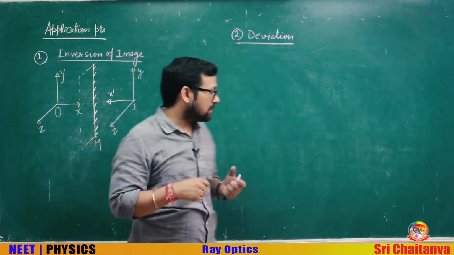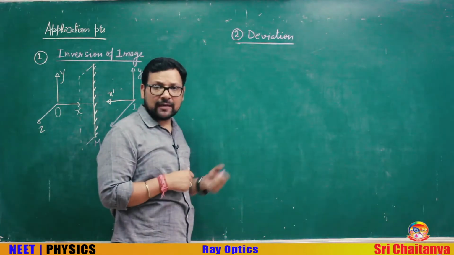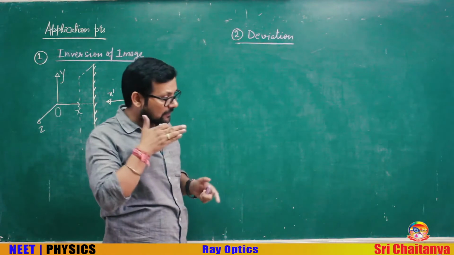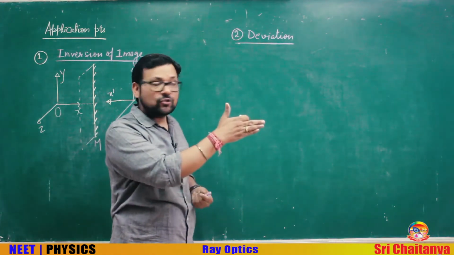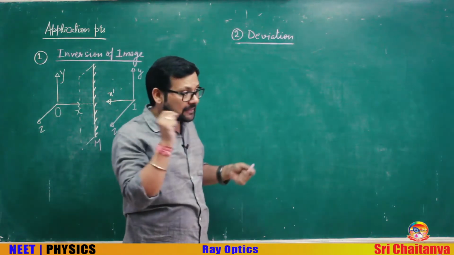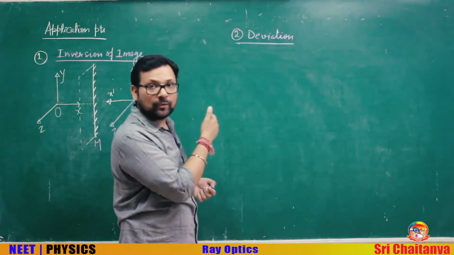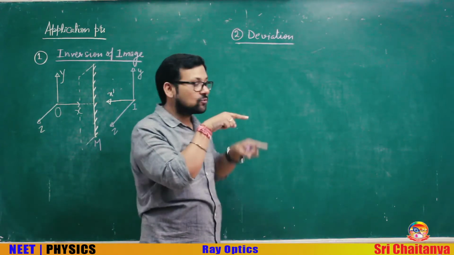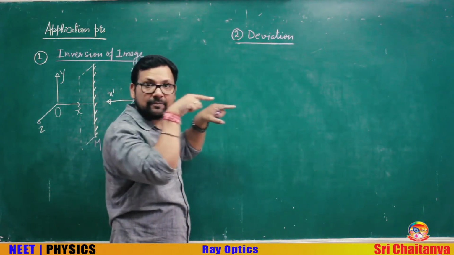Take an example: suppose this board is a plane mirror, and I am walking in front of this board in this direction. My image will also walk in this direction, because this line is not perpendicular to the plane of the mirror, so there will be no inversion for this direction. Object and image are in the same direction.